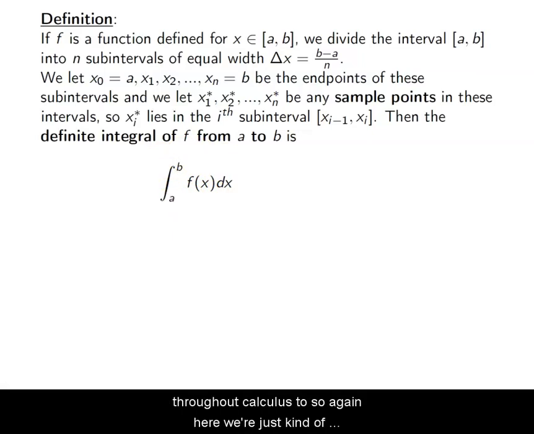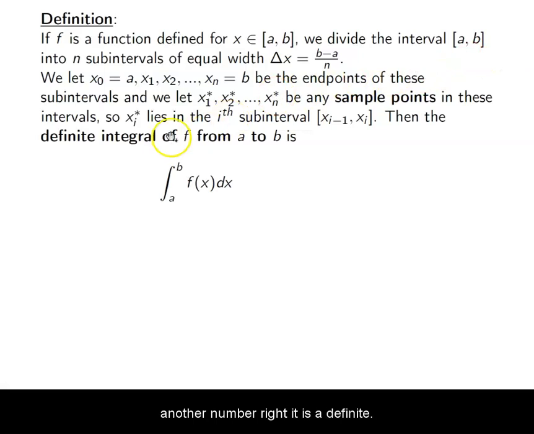Here we're just bridging the gap between calc 1 and calc 2. It's called a definite integral because it has bounds from a to b. But generally when we talk about this, we don't say I'm trying to calculate the definite integral. We just say I'm calculating the integral.